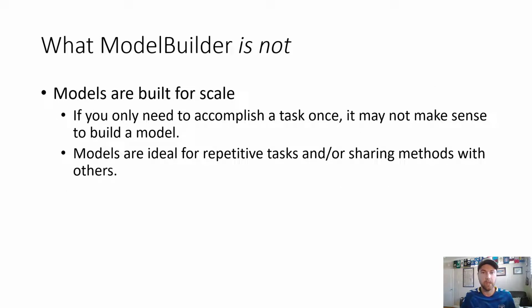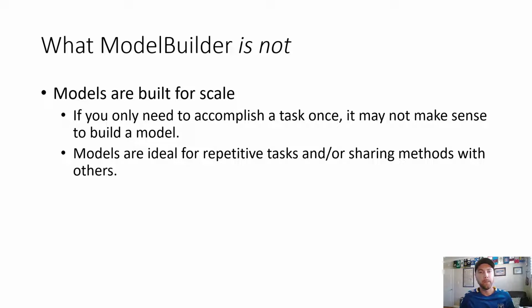Also, models are built for scale, and by that I mean they're meant for essentially scaling up. Now, if there's only one single task that needs to be done, it may make sense just to not build the model at all, right? Just do the steps individually, piecemeal, going into your geoprocessing tools, finding the tool, running it, creating the output data, taking that output data, plugging it into the next tool, and so on and so forth.